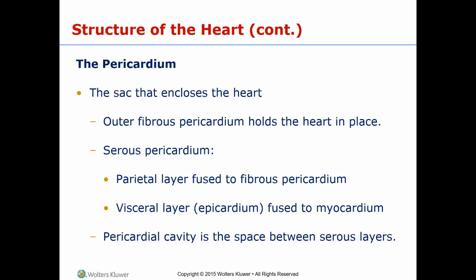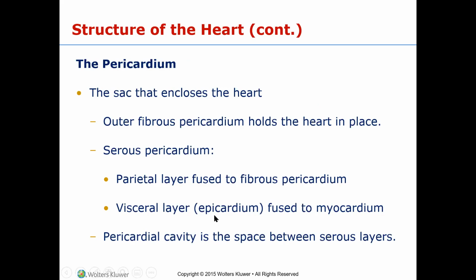So the pericardium is the sac that encloses the whole heart. It has an outer layer, as I said, made up of a fibrous pericardium, and it holds that heart in place. Then you have the serous pericardium beneath that, which is made up of the parietal layer, which is fused to the sac or to the pericardium.